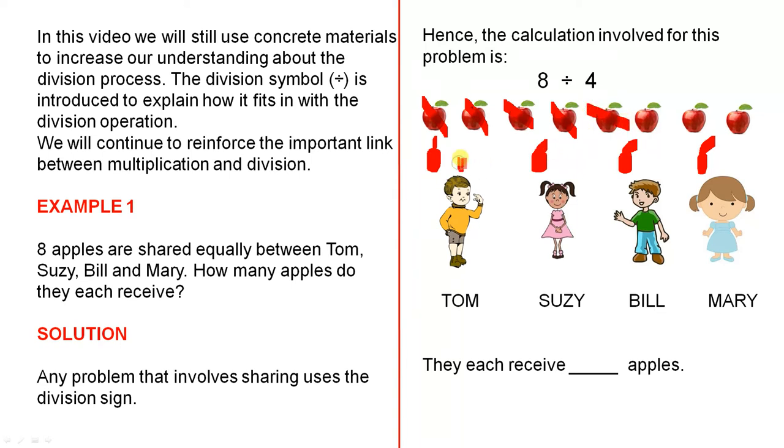Cross off that apple, put it there, cross off this one, put it there, this one we place here, and this one we place there. So we have Tom, Susie, Bill and Mary, 2, 2, 2, 2. They each receive 2 apples, so they have been equally shared.